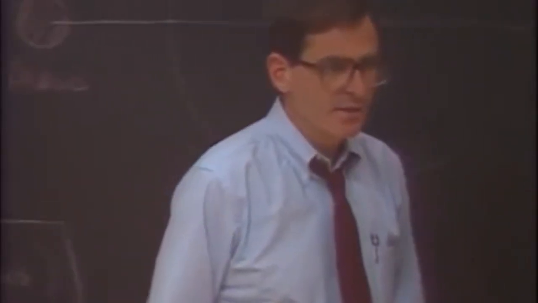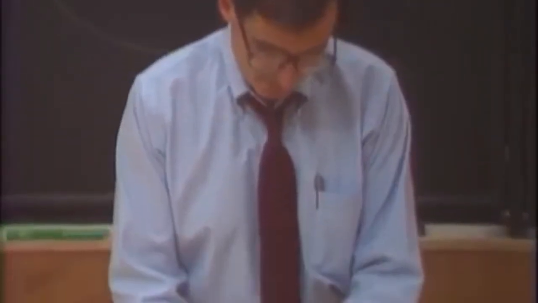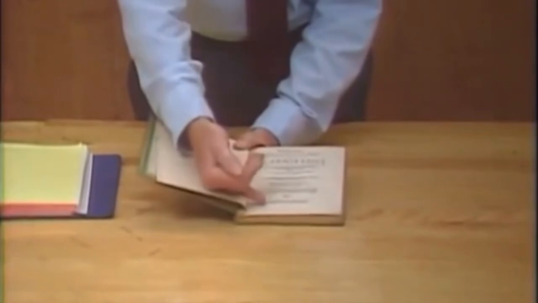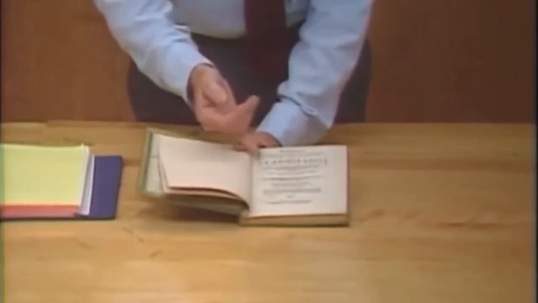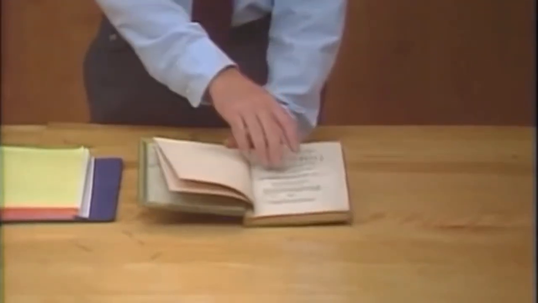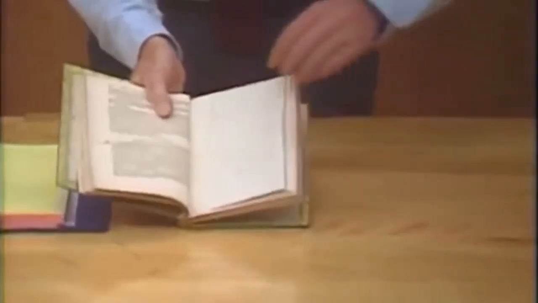I have here the book in which he published that great discovery. This book was published in Tübingen in 1596. It's called On the Admirable Proportions of the Heavenly Orbs, and so on. And in this book, there is a diagram showing his geometrical model.